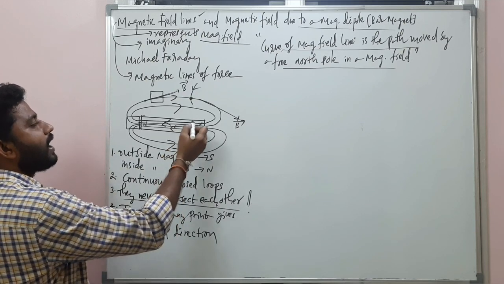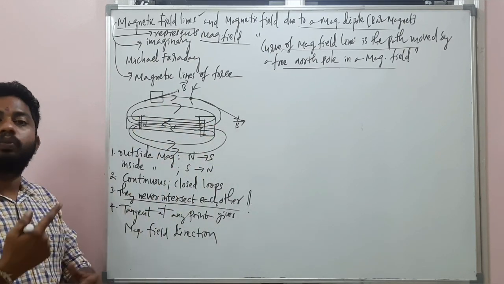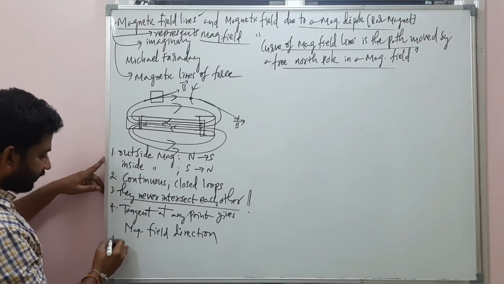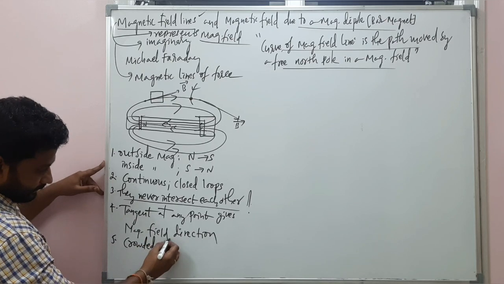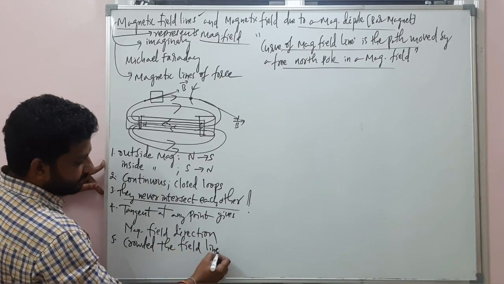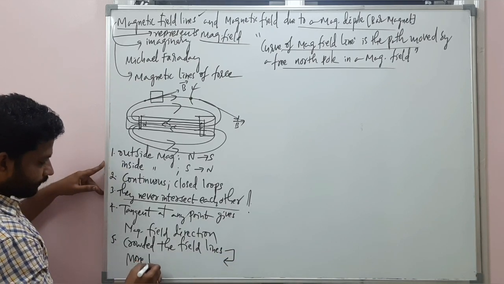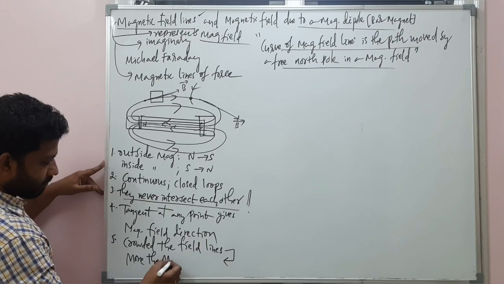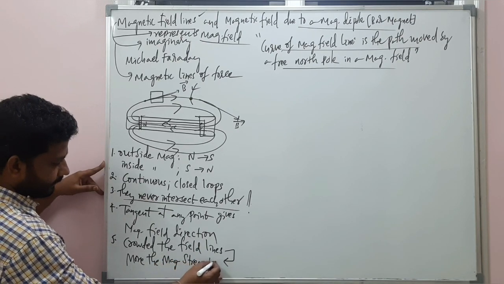So I can say at the poles, the magnetic strength will always be more. I'm writing here: the more crowded the field lines, the more the magnetic strength.